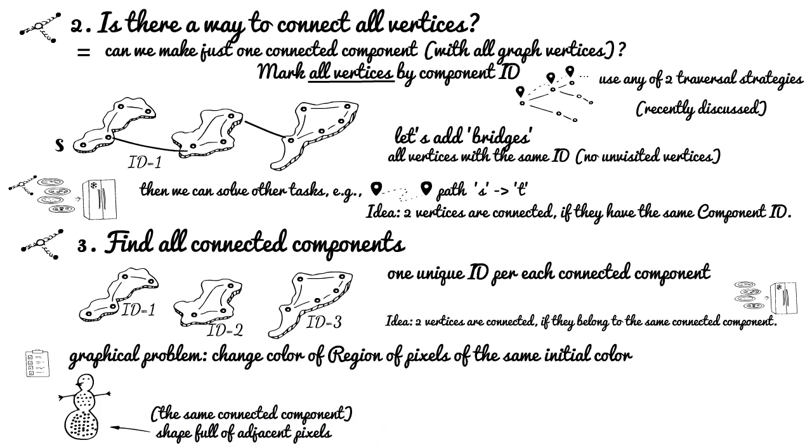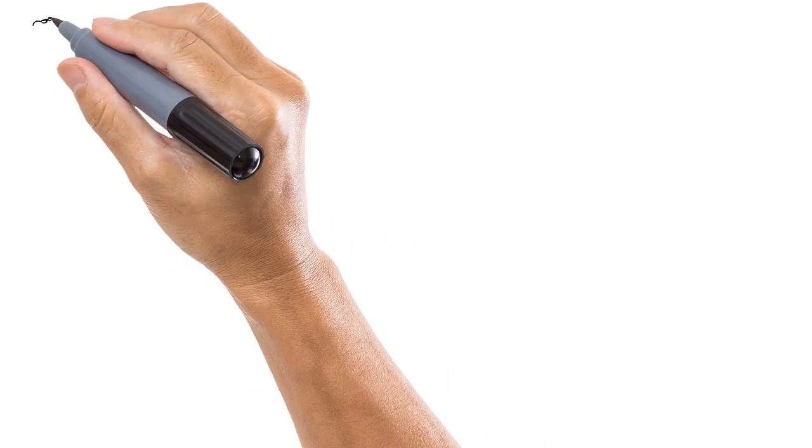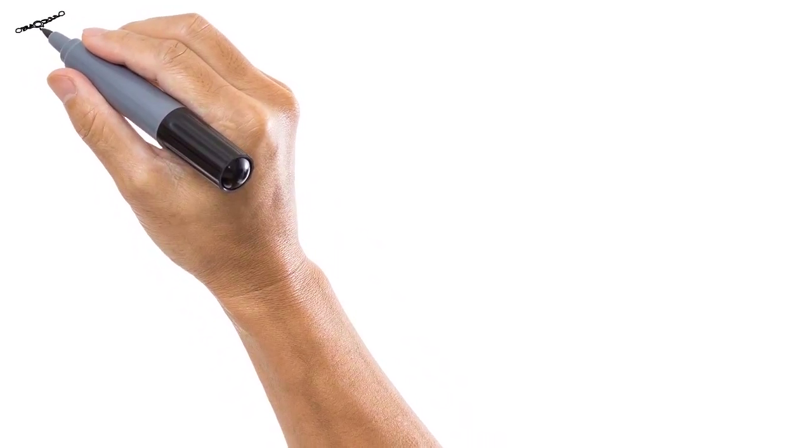Probably you remember some graphical applications where you have a picture region of one color, let's say white, and you want to change white to blue for the whole region. You click on any pixel within this region and the program applies the same blue color to all vertices, pixels, of this connected component. So the whole region with preliminary white color becomes a region with blue color.